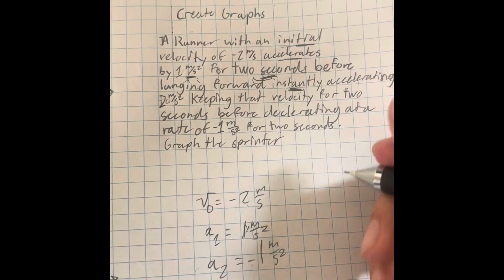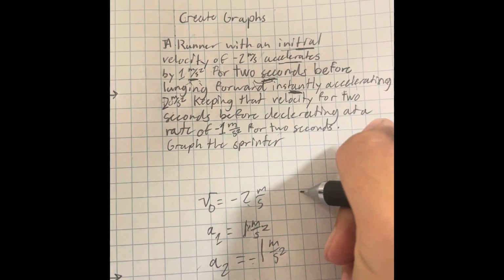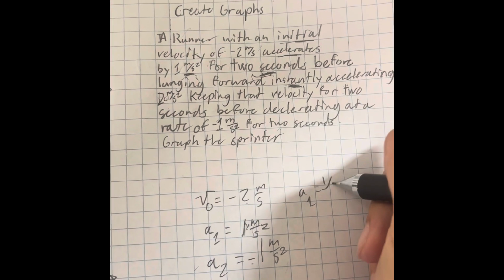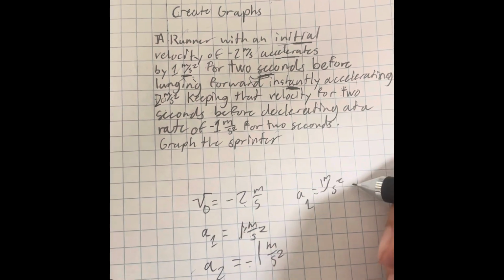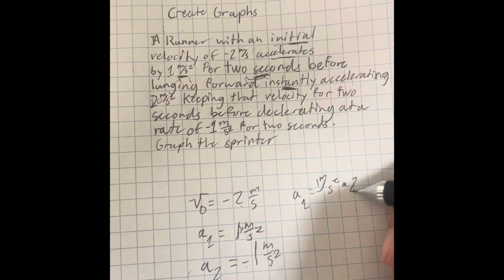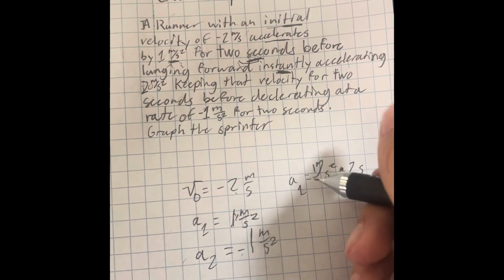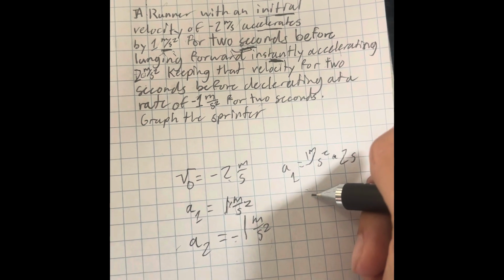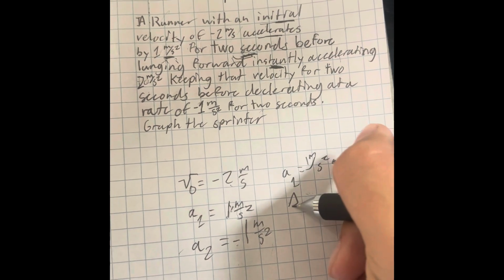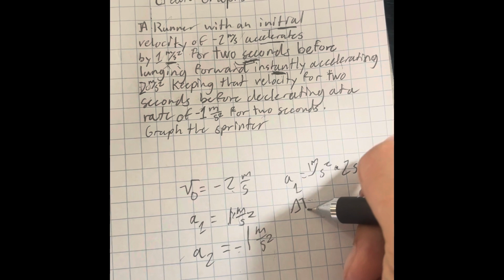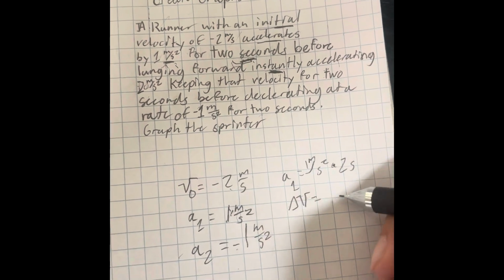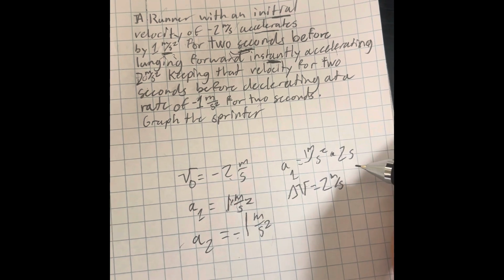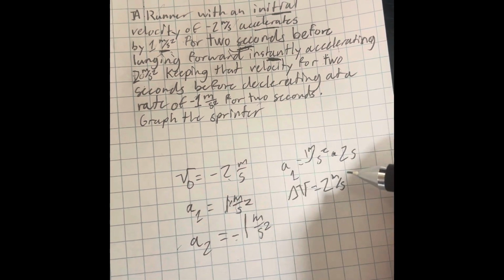V0 here is -2 meters a second, right? So we know A1 equals 1 meters a second squared. And we know it's going to keep that value for 2 seconds, meaning that this ends up being a total change in velocity of 2 meters a second.